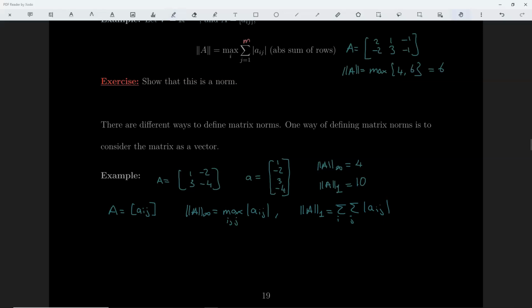Similarly, you can define the LP norm and the L2 norm. Let's write down the L2 norm: it is equal to the summation over i and summation over j of the absolute value of Aij squared, to the power 1/2.